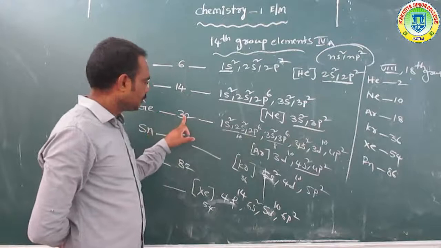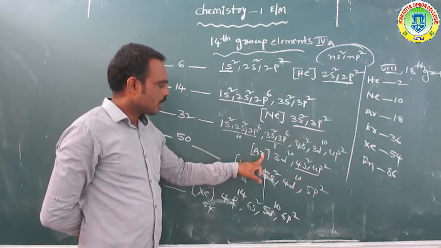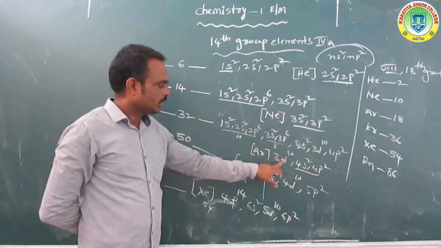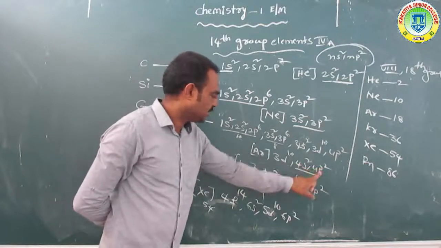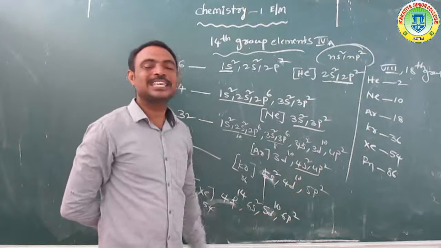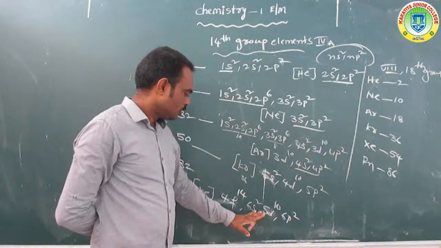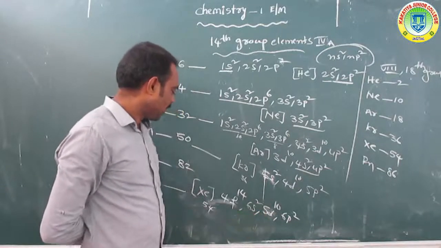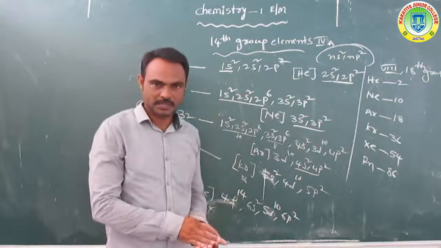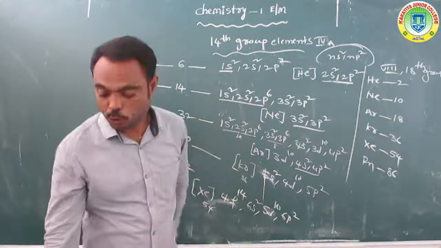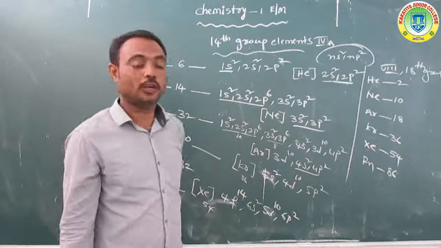Next, germanium 32: argon 3d10, 4s2, 4p2, and for tin 5s2, 5p2. Overall, ns2 np2 is the general electronic configuration of 4th A group.